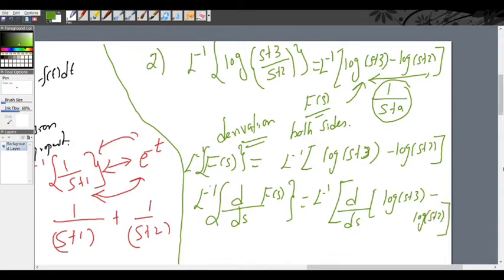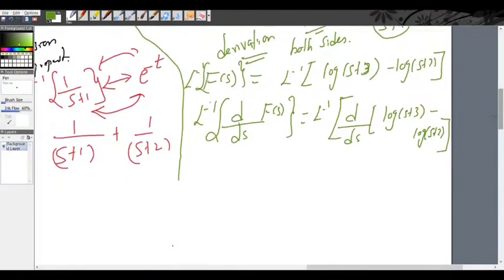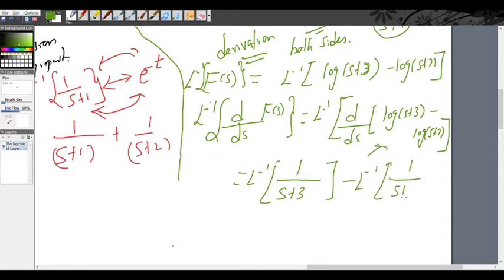I told you, one time differentiation of log(s plus 3) is 1 by s plus 3. So what I can do is L inverse of 1 by s plus 3, using the superposition formula to split this into two, minus L inverse of 1 by s plus 2.